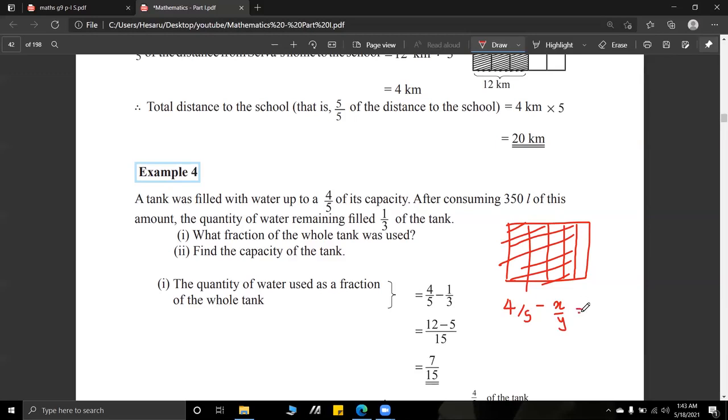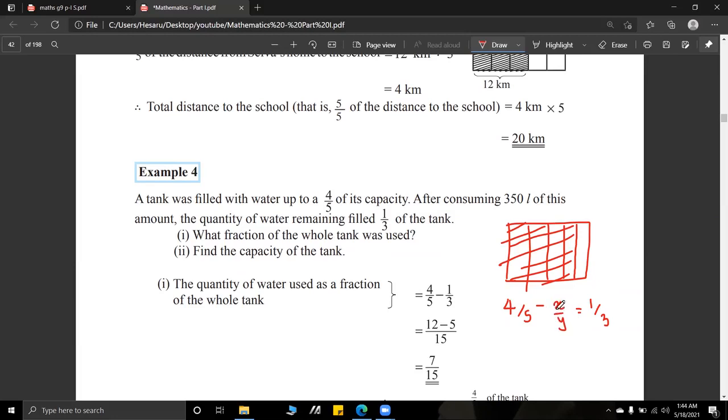The remaining will be 1 over 3 of the total tank. That's what they are saying. So what you need to find is this x over y value. Here, what fraction of the whole tank was used? This is the unknown fraction, which is the fraction you used.